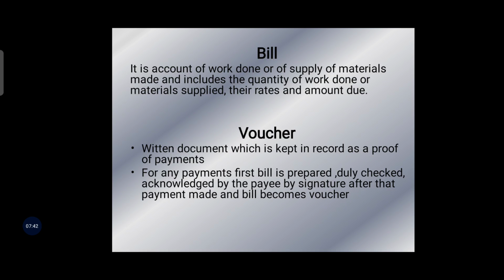Now the next one is bill and voucher. What is a bill? A bill is the claim for the amount of work done or a supply of materials. It includes the particulars and quantity of work done or material supplied and the amount due. It contains the reference to the agreement number also. Various standard forms of bills for payments according to the nature of the work are given.